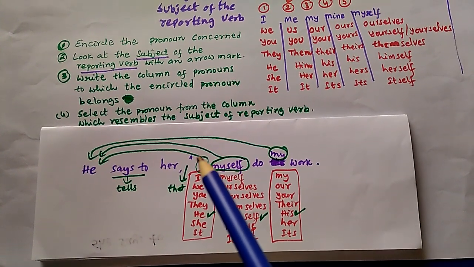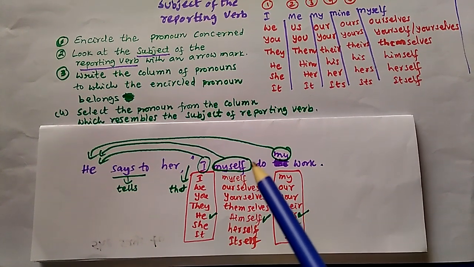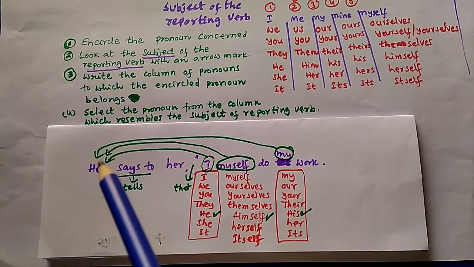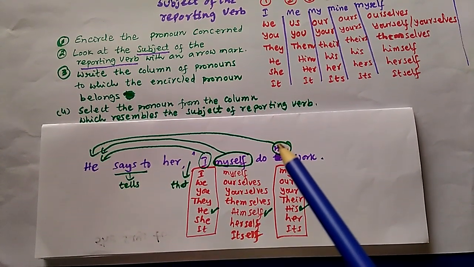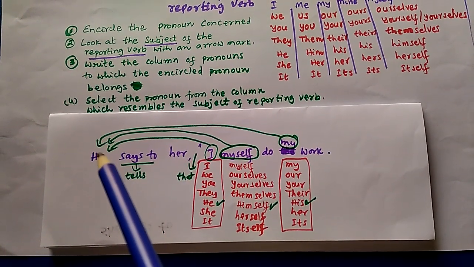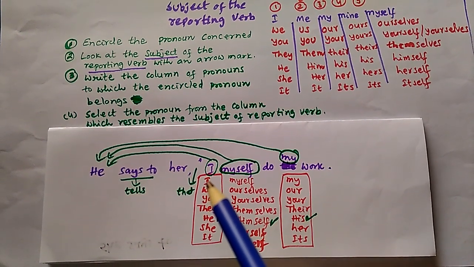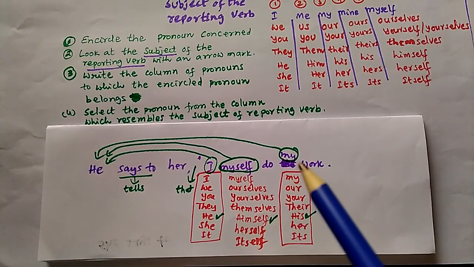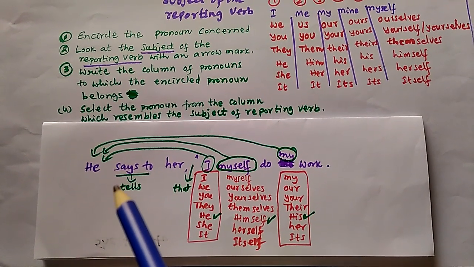So we have looked at the subject with the help of an arrow mark. From I, we have drawn an arrow mark to the subject he, and myself is encircled, an arrow mark is drawn to the subject he, and my is encircled, and from my we have drawn an arrow mark to the subject he. Because whenever we have the pronouns I, myself, my, and mine, we have to look at the subject. This is the second rule.